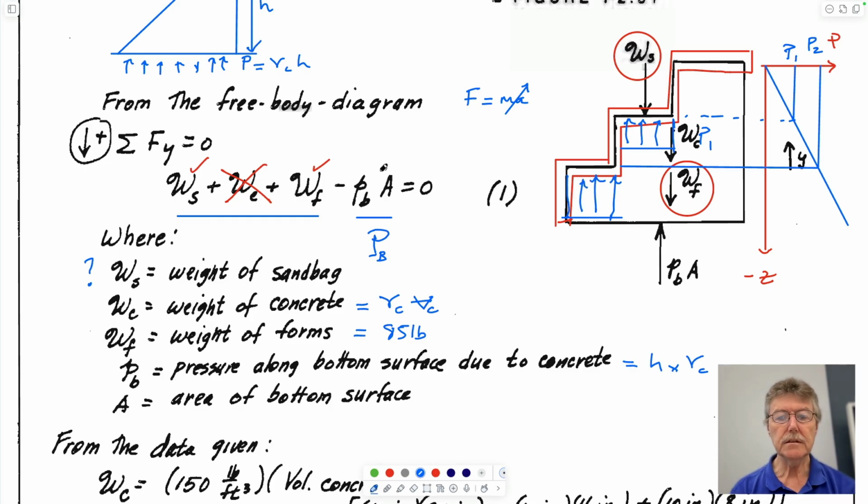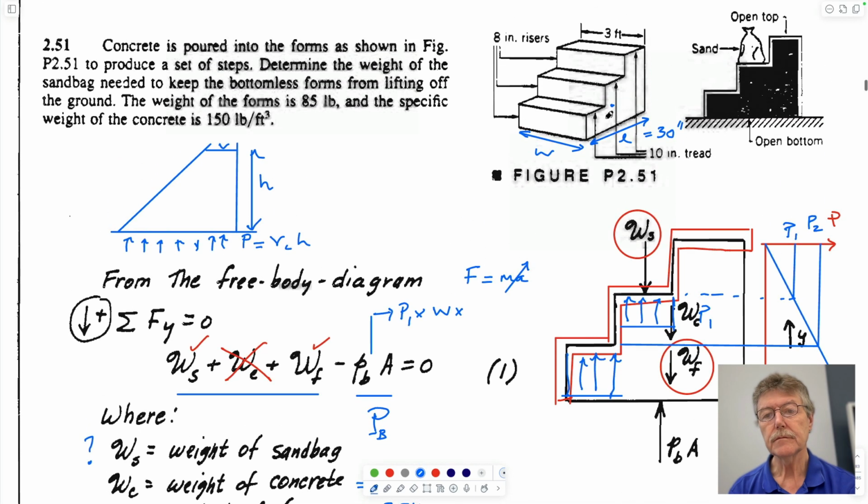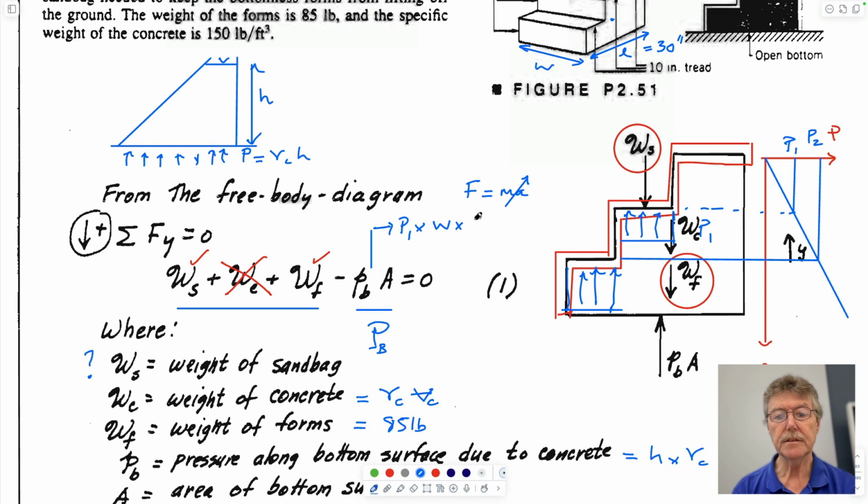And so we would need to add to this equation here P1 times the width of our form times this length here, which is 10 inches, right? Times 10 inches, the tread, plus P2 times W, this width here, times 10 inches.